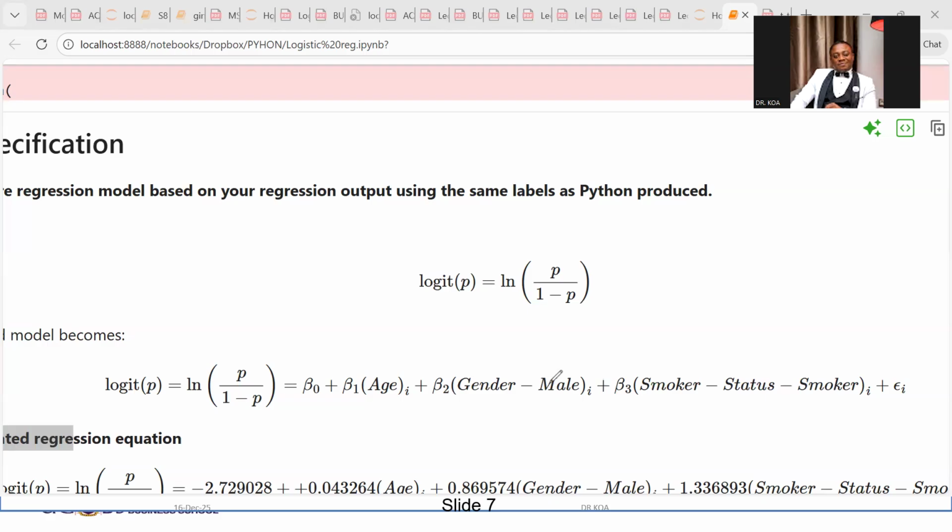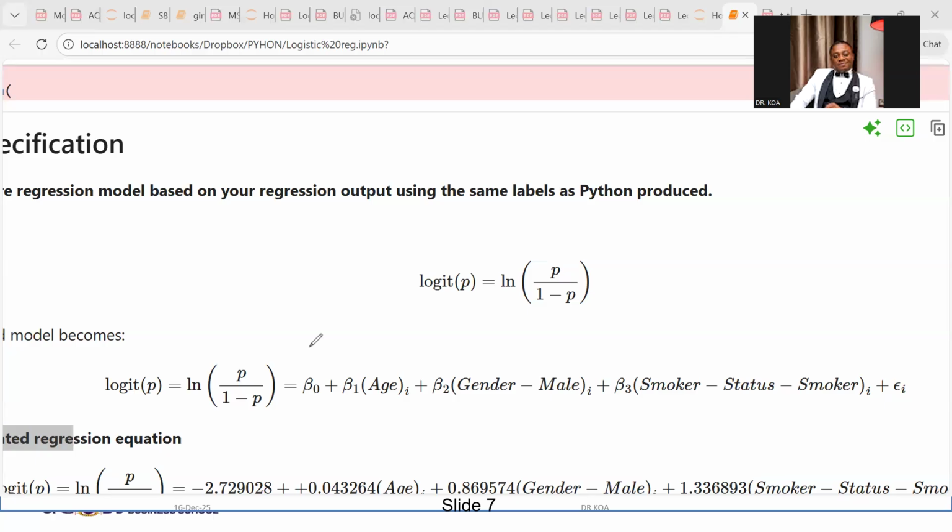Otherwise, it will make the M a subscript. So I've put an i there to indicate that this can change across individuals. This i means that the thing is changing across individuals. And then finally, you have the smoker status and then your error term. This is what we call the specification of the regression model. You will get this many times in your exams as well.